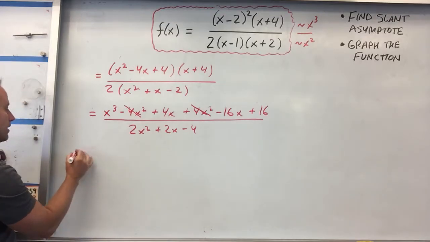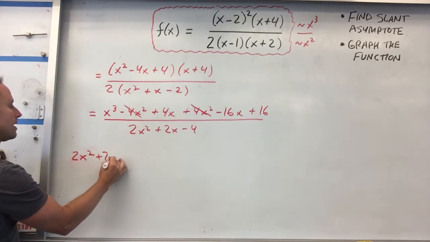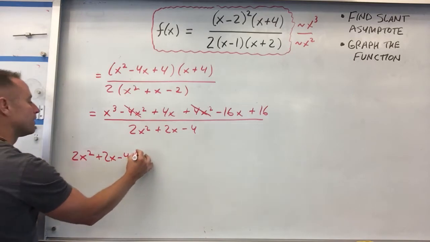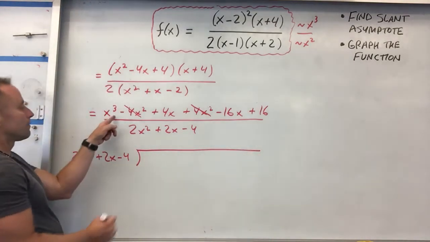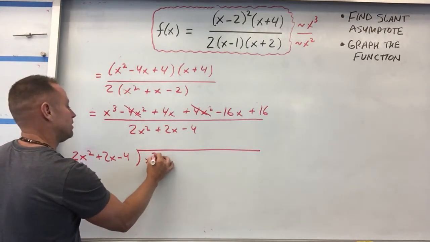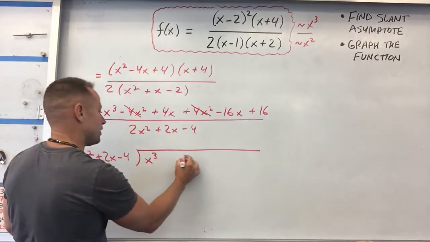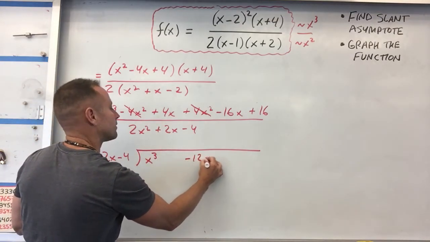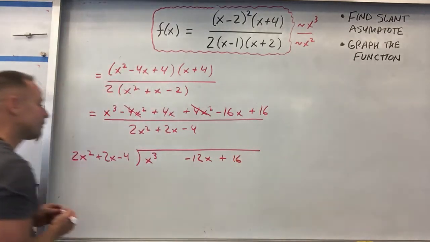We're trying to divide 2x squared plus 2x minus 4 into x cubed. There's no x squared term, there is a minus 12x term, and then plus 16.